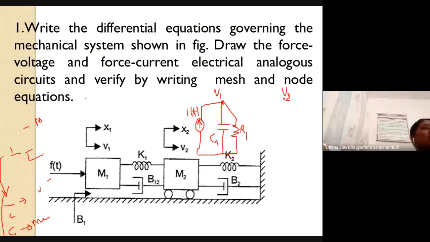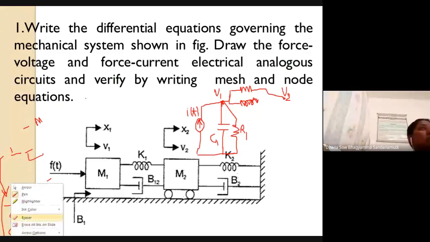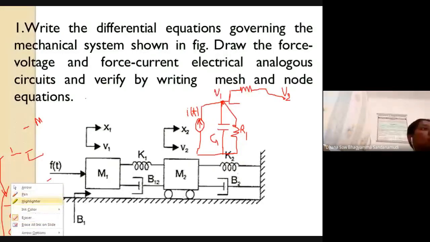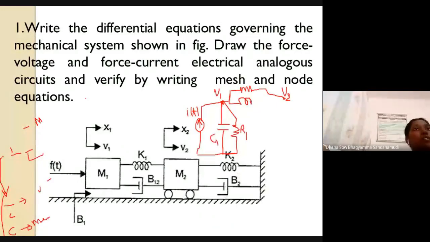So since it is 1 by R1, these two elements will be connected in parallel. I'm sorry, this is inductance. That is resistance. This is inductance. So these two should be connected in parallel. Okay, this is R12.